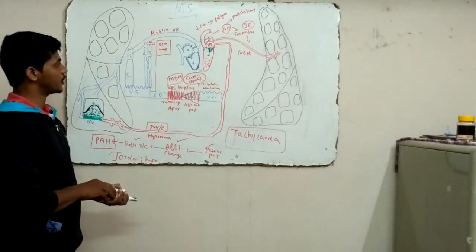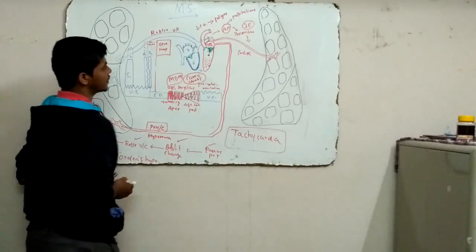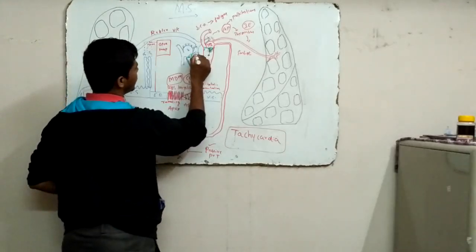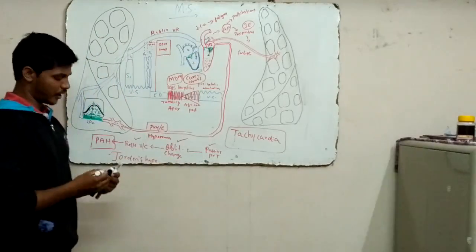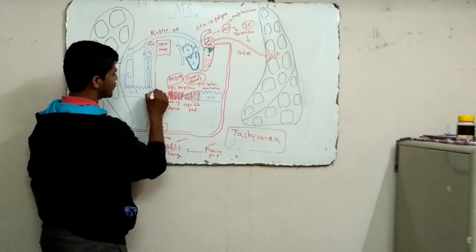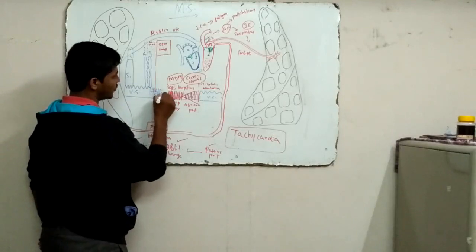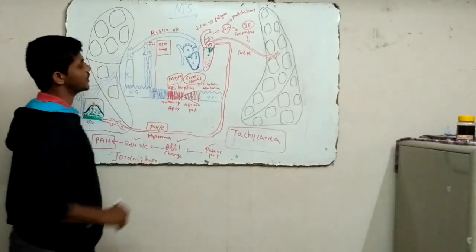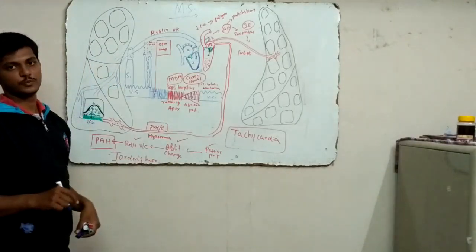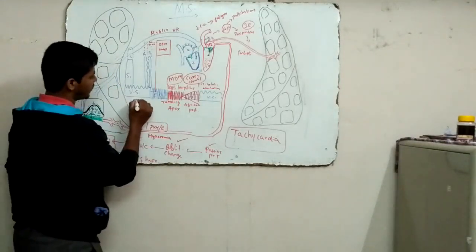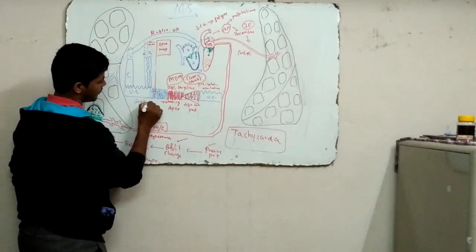Here, because the valve does not close, there is a regurgitation. Right, and this regurgitation of the blood will produce turbulence and a murmur in the early diastole. Right, so this is a high-pitched blowing murmur, which is seen in the P2 region, that is second intercostal space parasternal region, which is called as Graham Steell murmur.